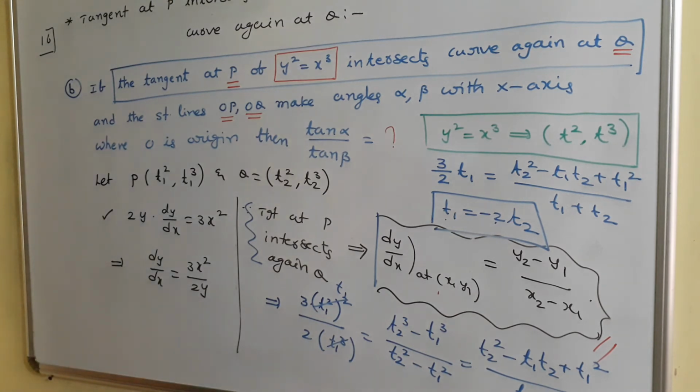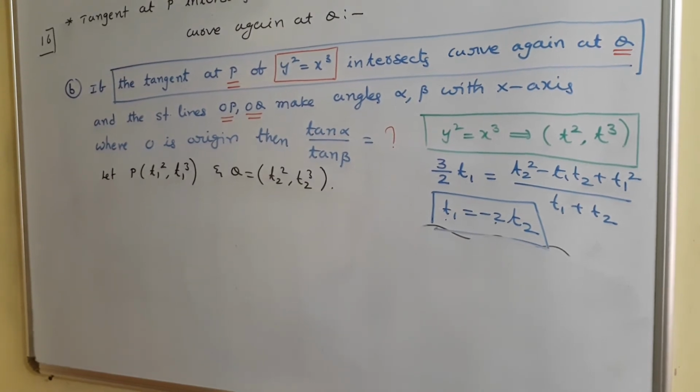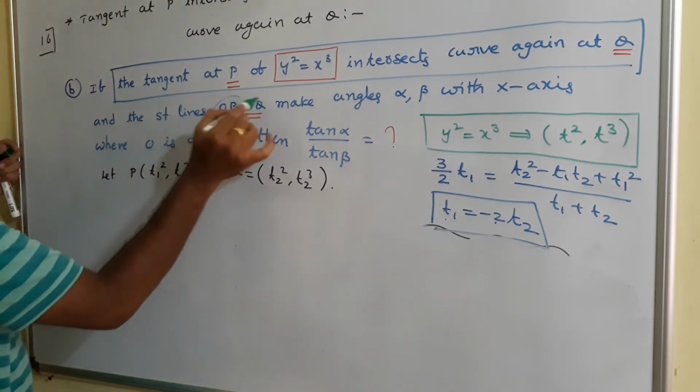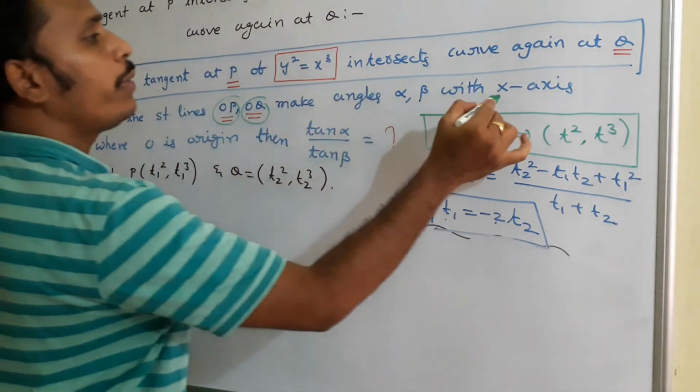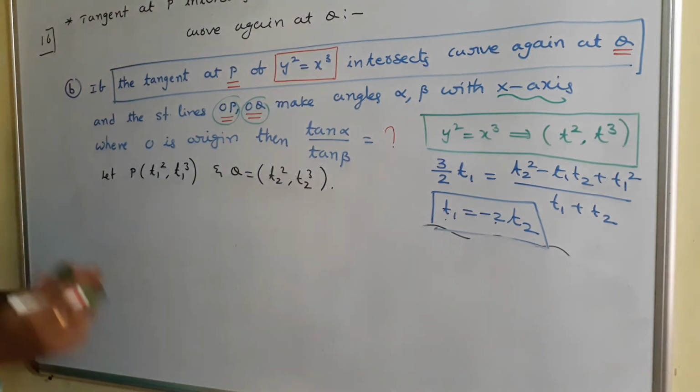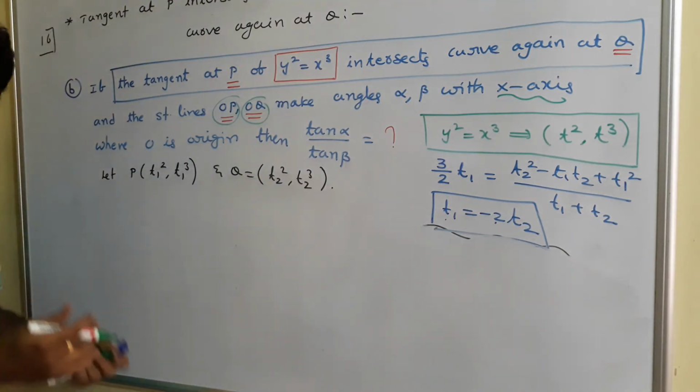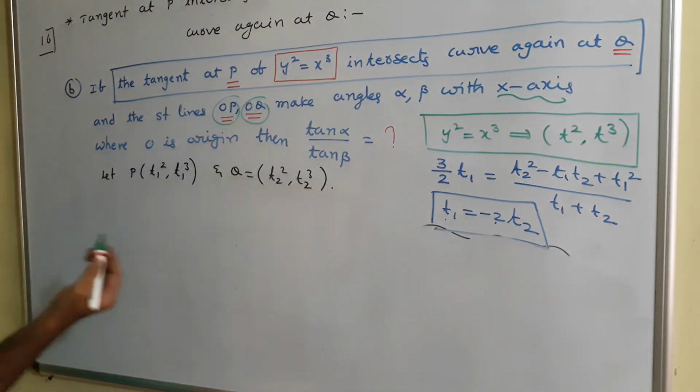Still there is something to do now. Read the further two lines of the problem, and we need to calculate tan alpha by tan beta. Here OP and OQ make angles alpha and beta with the x-axis. If a line makes an angle theta with the x-axis, then tan theta is its slope.